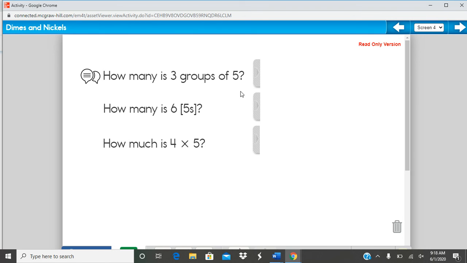And 4 groups of 5, 4 fives, and 4 times 5 would all be the same thing. These are just 3 different ways of writing it out. They're using different numbers for each one, but all of these are going to be solved the same way. So 4 times 5 is 4 groups of 5. 4 fingers up, 5, 10, 15, 20.